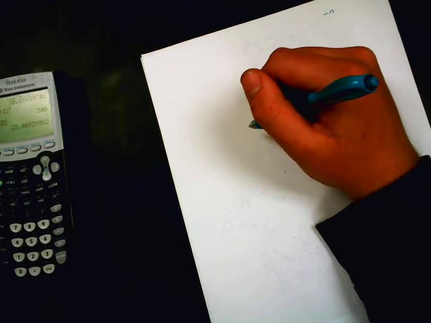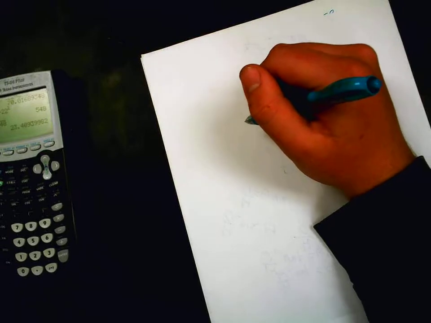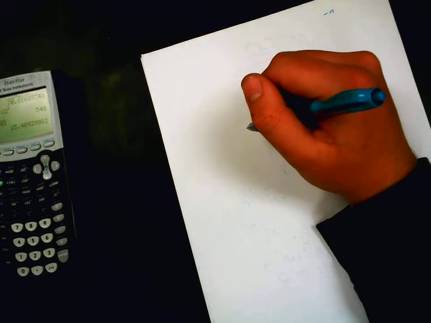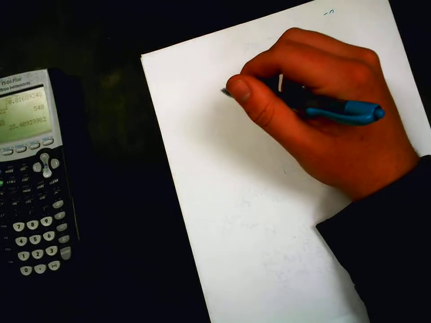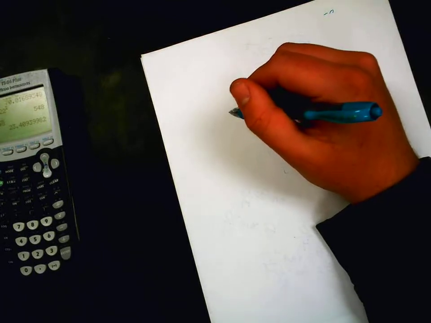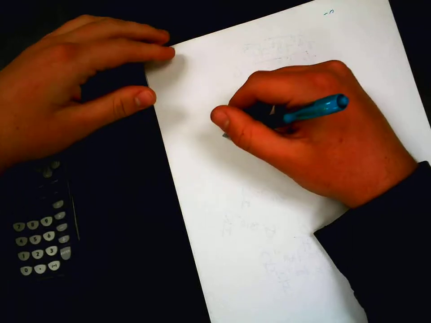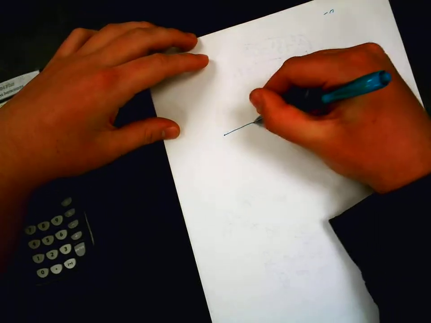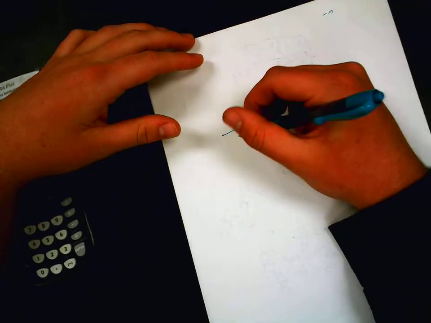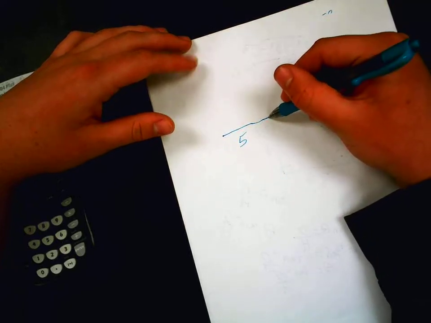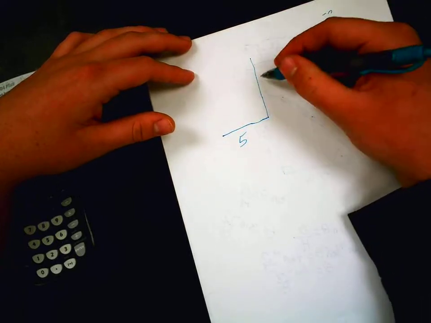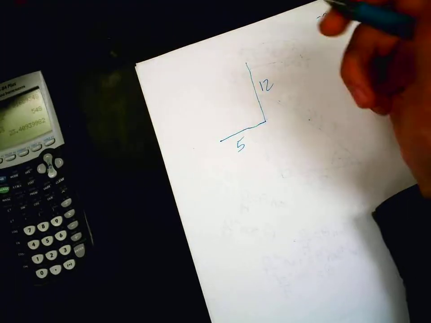Assume this was before the great climate event of 22. Assume that, and you're going to go fishing, and you walk 5 meters, whatever cardinal direction that is, and 12 meters north. That's north, right?